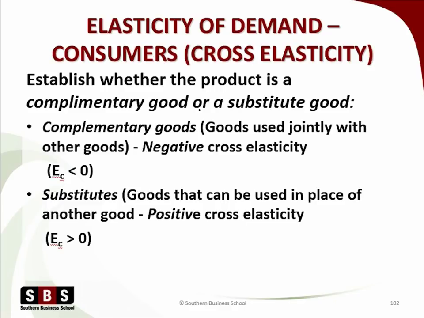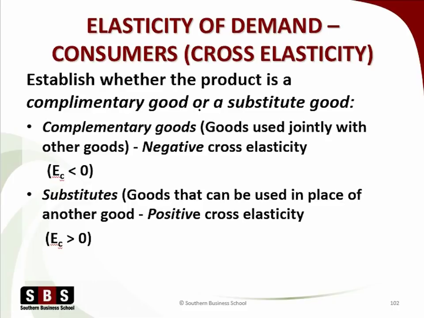So for income elasticity, normal and inferior goods, and for cross-elasticity, remember you must relate it back to complementary or substitute goods. Now you must just read what it is. Complementary goods are used jointly with other goods; they complement each other, like nice tires on your car's mags or something like that.